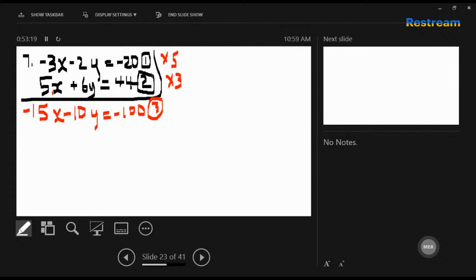If I'm multiplying all the terms in equation 2 by 3, I'm going to have 15x plus 18y. And 3 4s 12, 132.